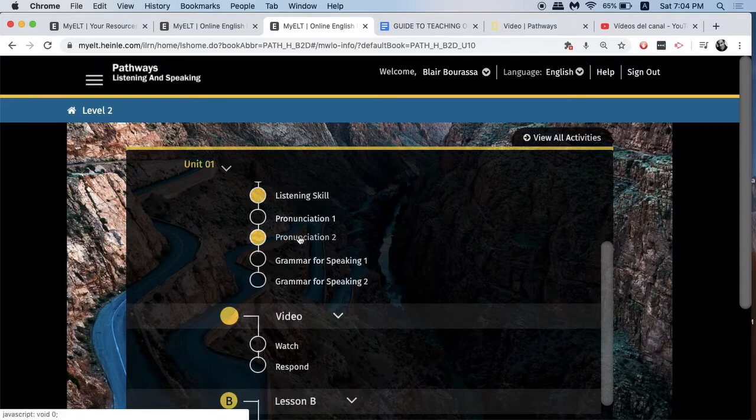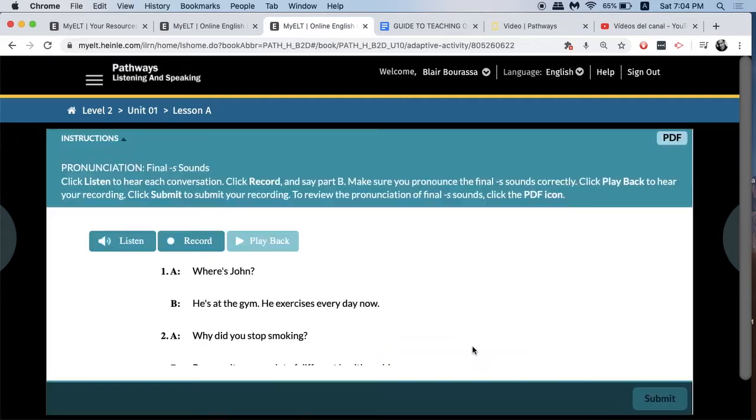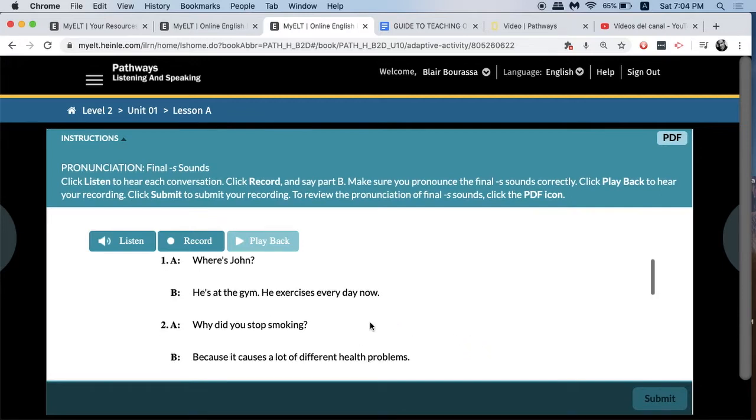Another pronunciation task is like this. And for this one, you need to have a microphone plugged in. If I plug in my microphone, you won't be able to hear me on this recording. So I'll just pretend. What happens is, first you listen to the conversation, and then you record.